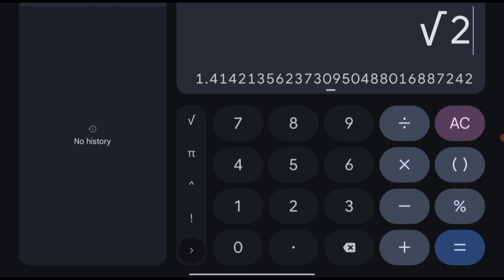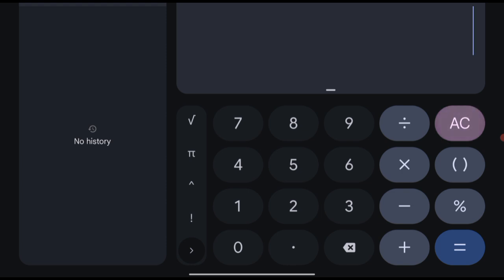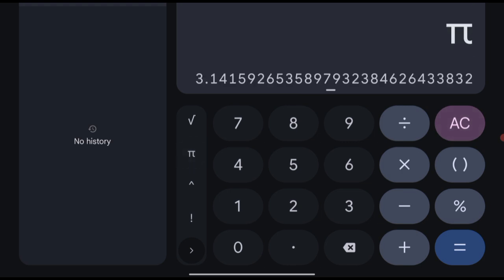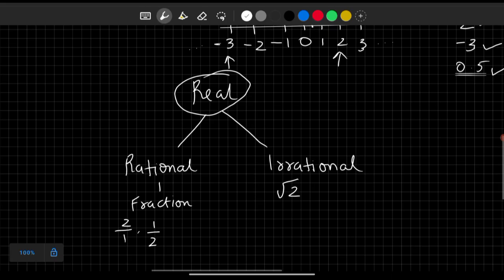Now, these kinds of numbers are known as irrational numbers because I cannot represent this as the fraction or the ratio of two numbers. Another example is pi. If I take the value of pi, you see pi also is like 3.1459 and it goes on like that. So this is also an irrational number. So root 2, pi, these are known as irrational numbers.